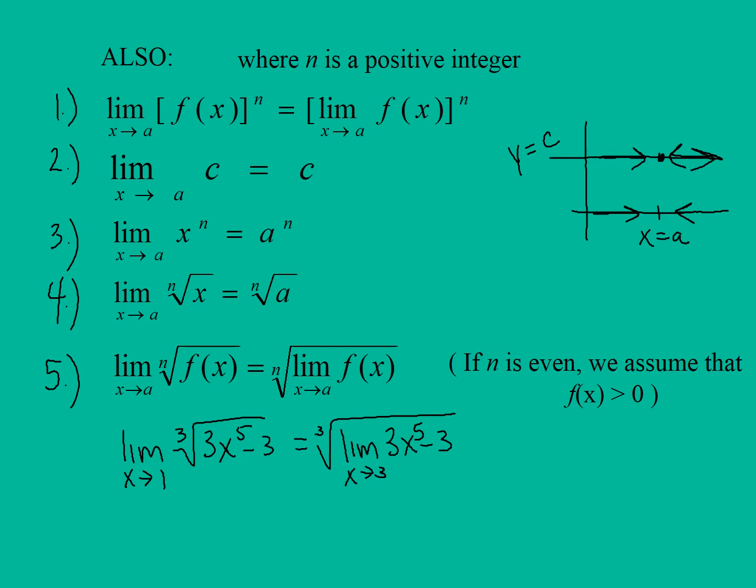And we will get the same, I'm sorry, that should be as x approaches 1 and not 3. So those would be equivalent expressions.